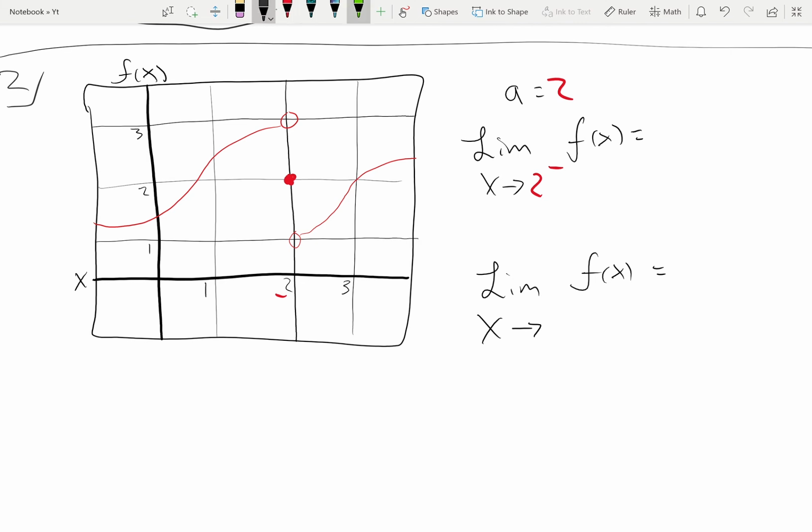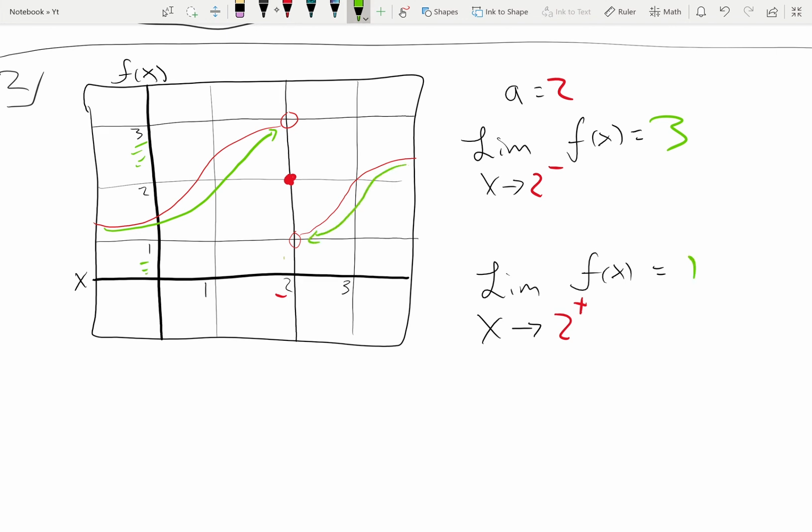Here we're going to draw all along here up to the left. It's actually equal to 3. So we're going to put this 3 here because that's what it's equal to. And now we're going to evaluate a from the right hand side. We're going to go all along here from the right, which is equal to 1.